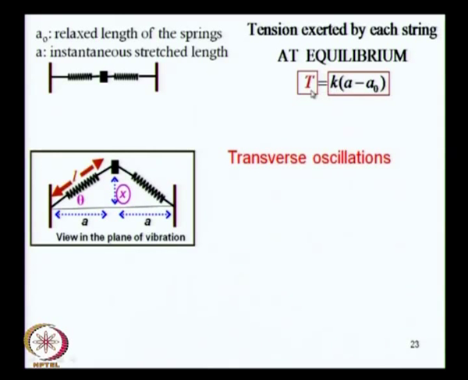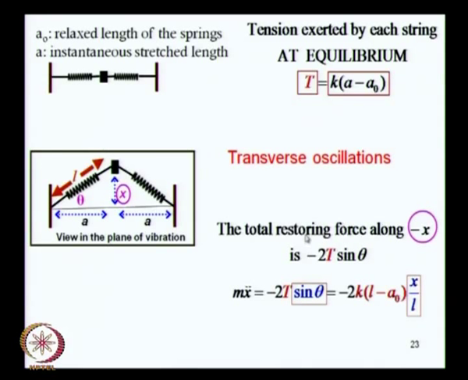That is the tension, and if you have a displacement in the transverse direction, then this stretch will induce this object to be brought back toward the equilibrium, and the total restoring force will be minus 2T sin theta, because it is the component of this tension along this direction which will come in.